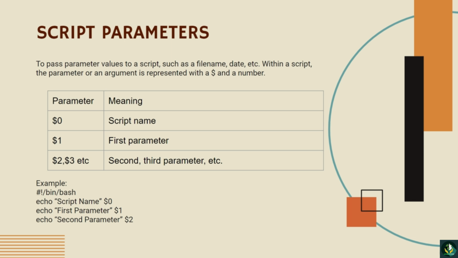So $0 indicates the script name, $1 indicates the first parameter, and $2, $3, $4, etc. are the second, third parameters, etc. We have an example where we have written echo script name $0, echo first parameter is $1, echo second parameter is $2. Now let's move to the practical demonstration of it.